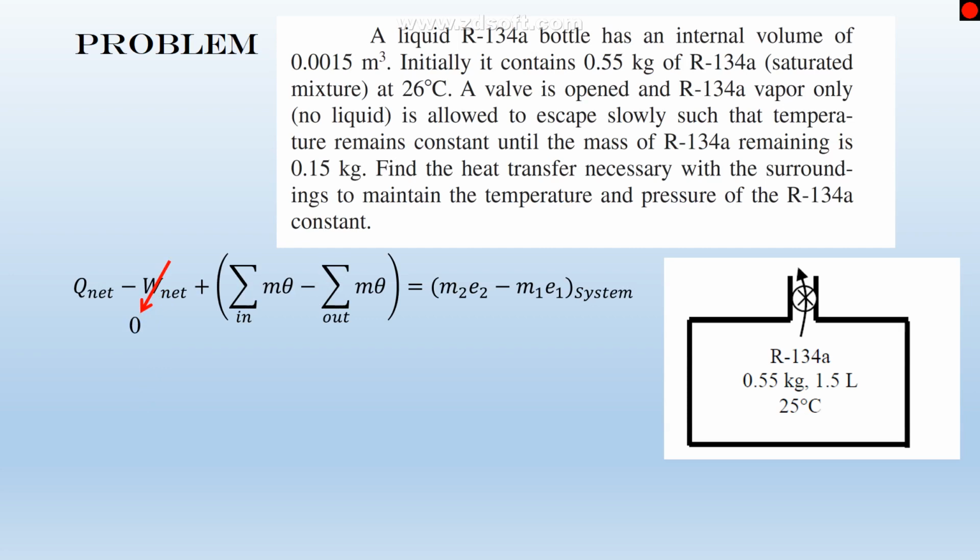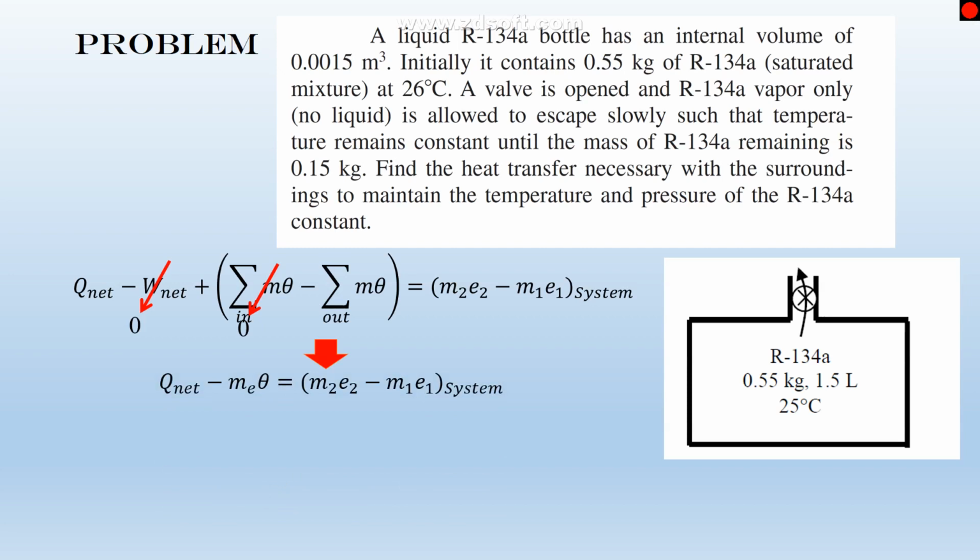Sigma m theta in. Is there any inlet in this case? No, there is no inlet, so you can cancel this one. So we have the exit. You need to keep m theta out, and then also m2 e2 and m1 e1. So you can simplify the energy balance equation into this equation.